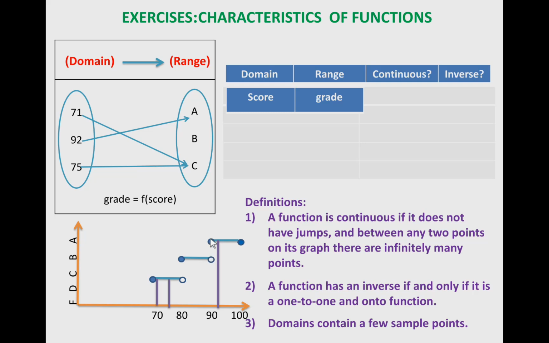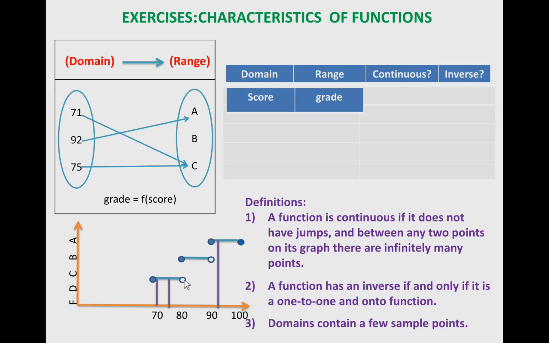And we also realize that the function is defined from 90 to 100, including both 90 and 100. So we can mathematically say that the first two are closed intervals to the left but open intervals to the right.